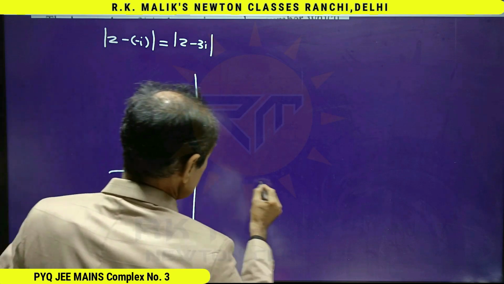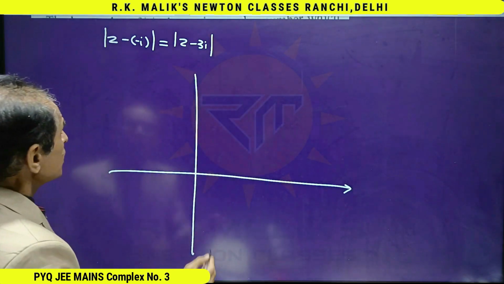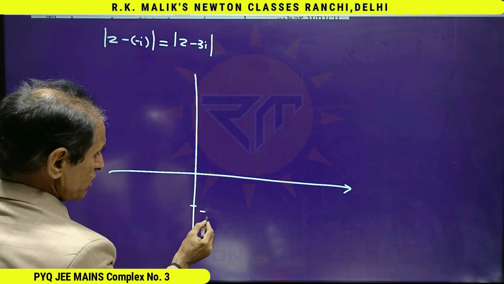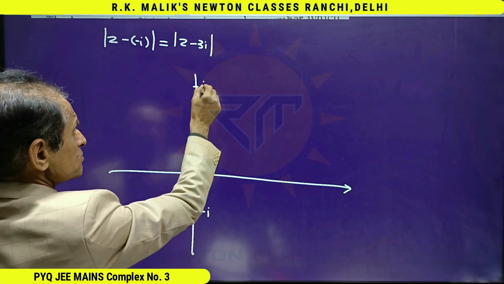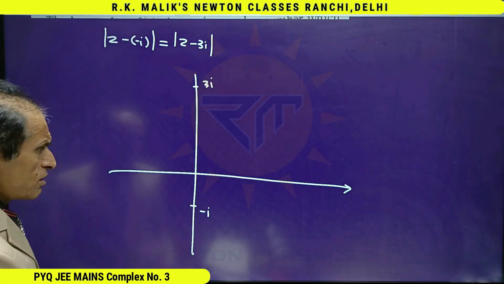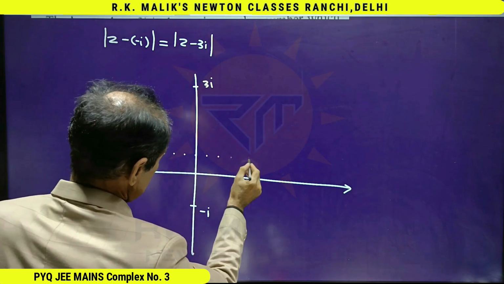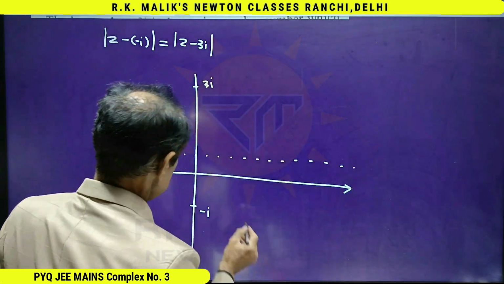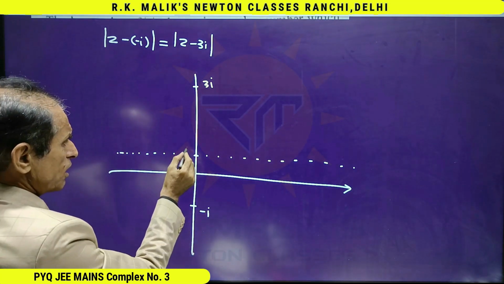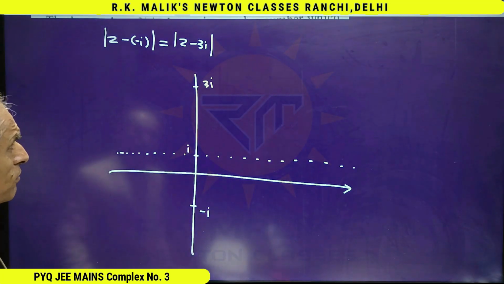That is, minus i is somewhere here, 3i is somewhere here, and i is somewhere here.